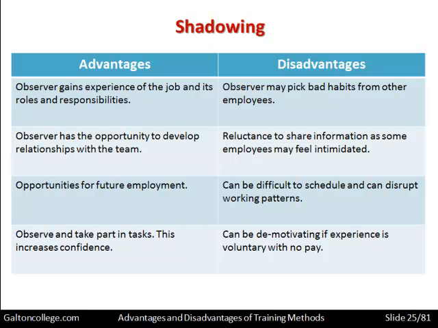So they're working with them, and over a period of time they will be taking on more and more responsibility within the tasks. So they will gain in confidence as they become more involved with the skilled worker in completing tasks.